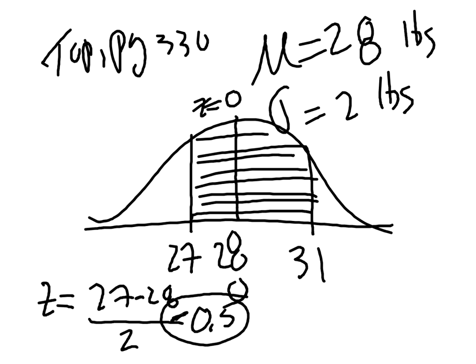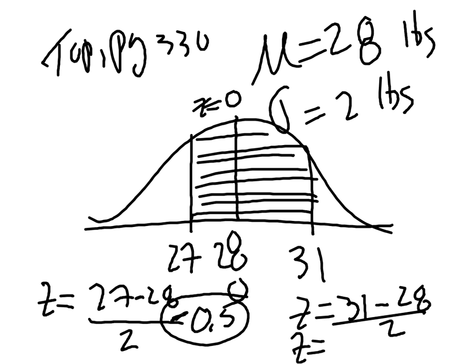I'll bring this all up on the next page. And our positive Z value would be 31 minus 28 over 2, or 3 over 2, or a Z of 1.5. So here's what we're really dealing with.